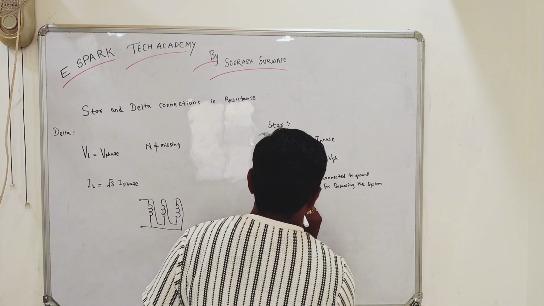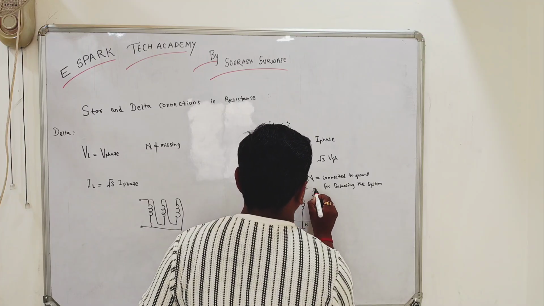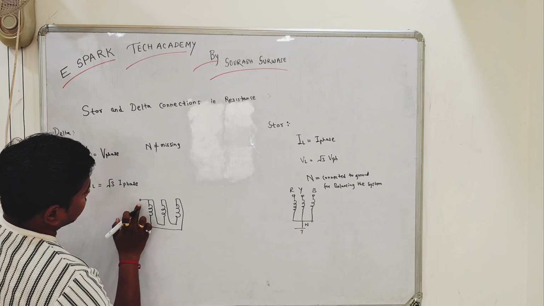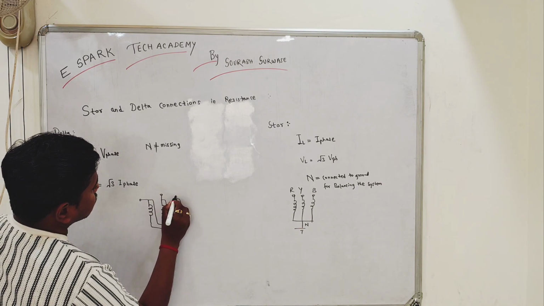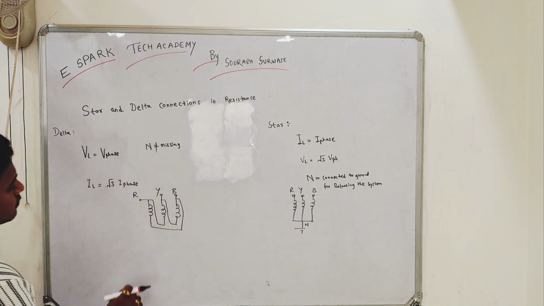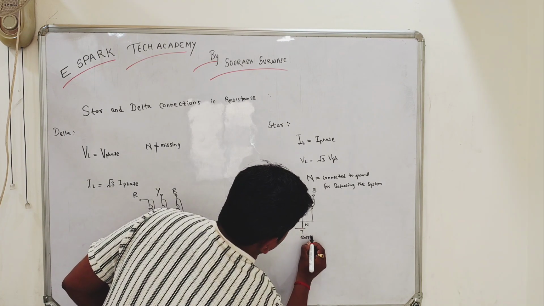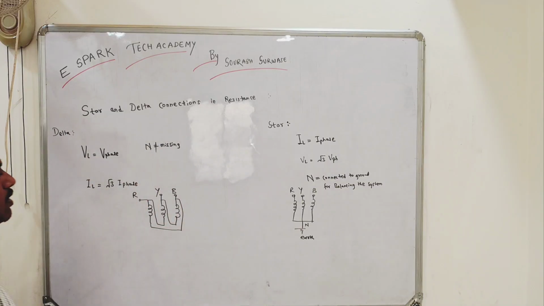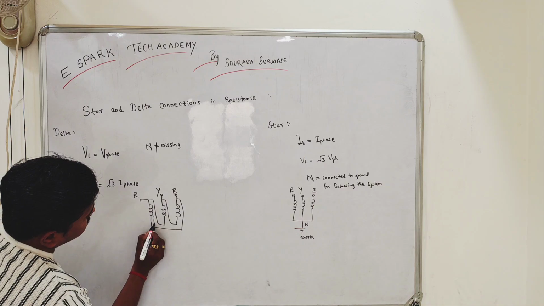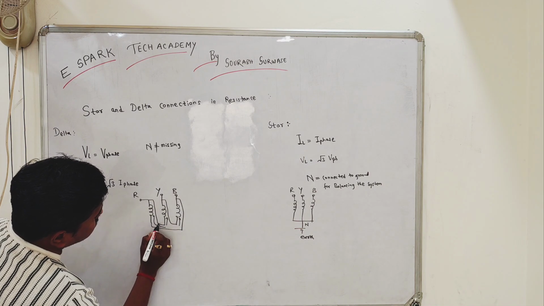This is the neutral, R, Y, B. As this is earth, the neutral is grounded, and here the neutral is not present because all the currents will be circulated in this way.